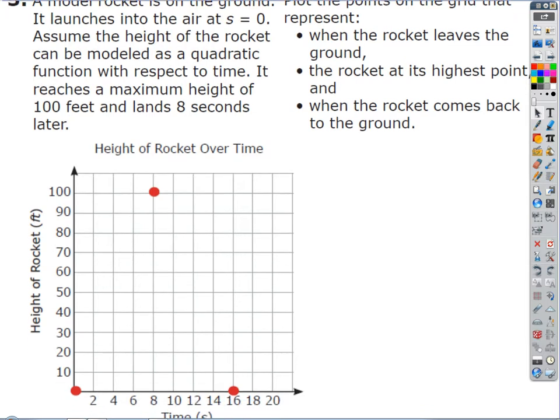If it reaches a maximum height and then lands 8 seconds after reaching the maximum height, it must have taken off 8 seconds before, right? So that also tells us the point in the middle is at (8, 100), right? You see the symmetry, how those 3 points have to be where they are? That's all it wants you to do.